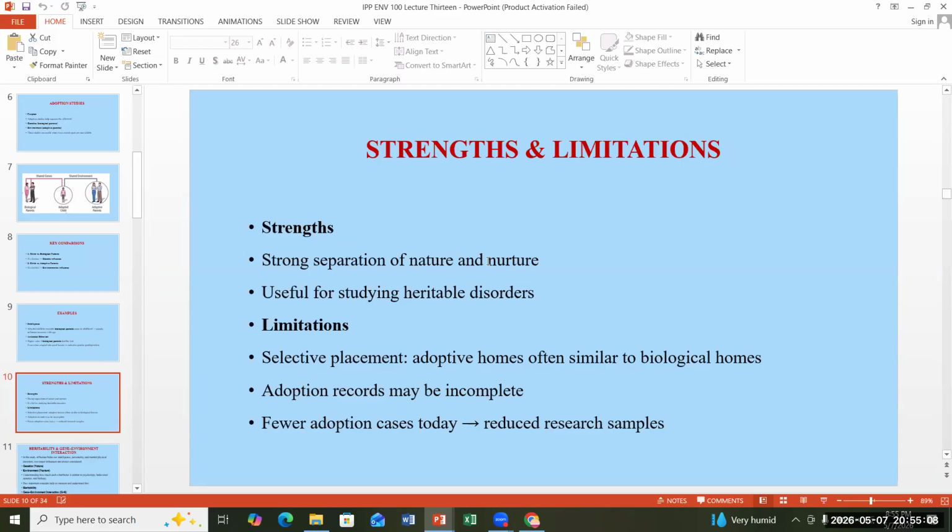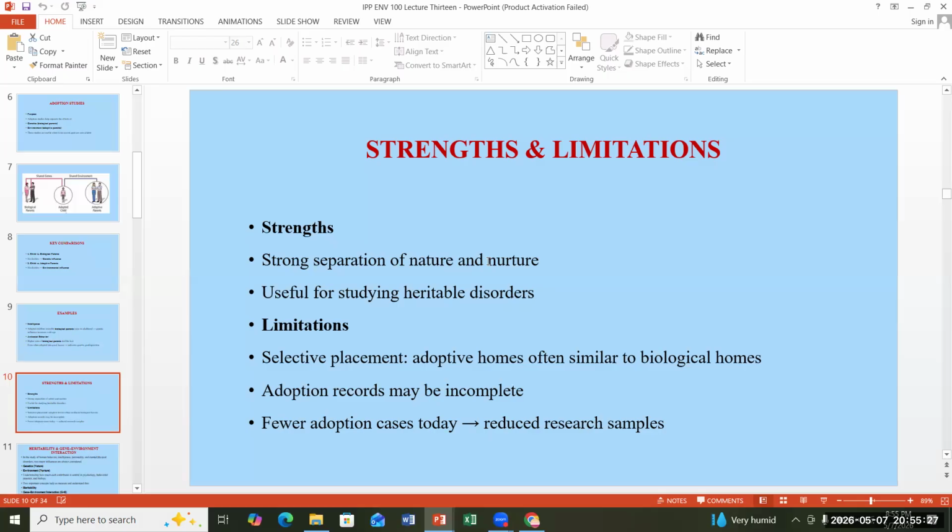There are certain limitations that we need to consider. Selective placement: adoptive homes are often similar to biological homes. If we talk about Asian families, the data could be different from different parts of the world.